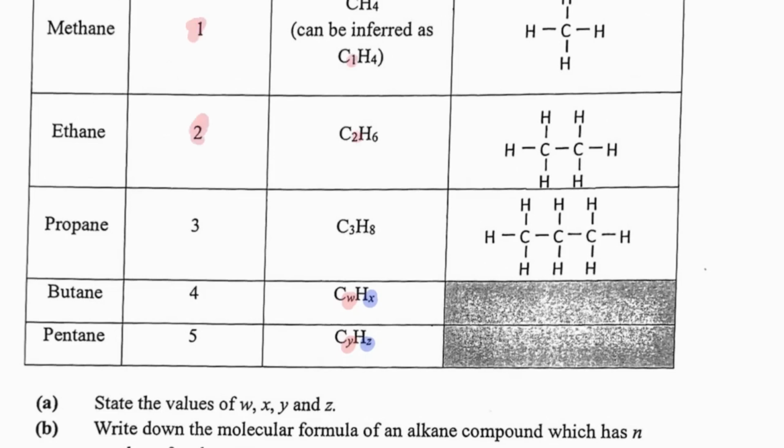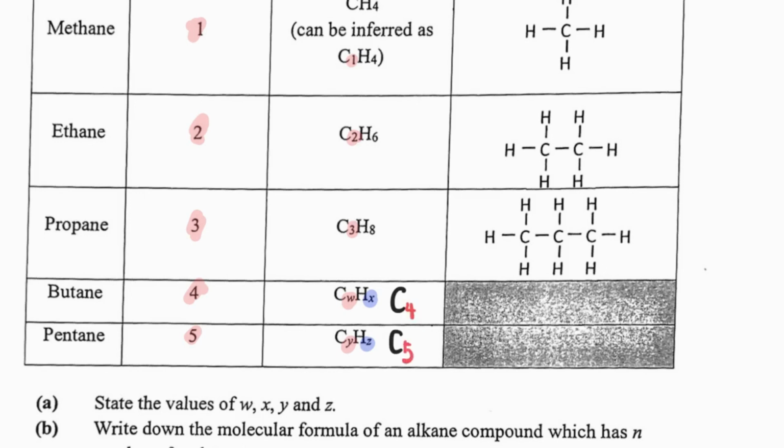If n equals to 2, 2, 3, 3, 4, W will be 4, 5, Y will be 5, right? So this is pretty straightforward. I'm going to just take a note down here that this one I could just rewrite it as C4. This one will be C5.